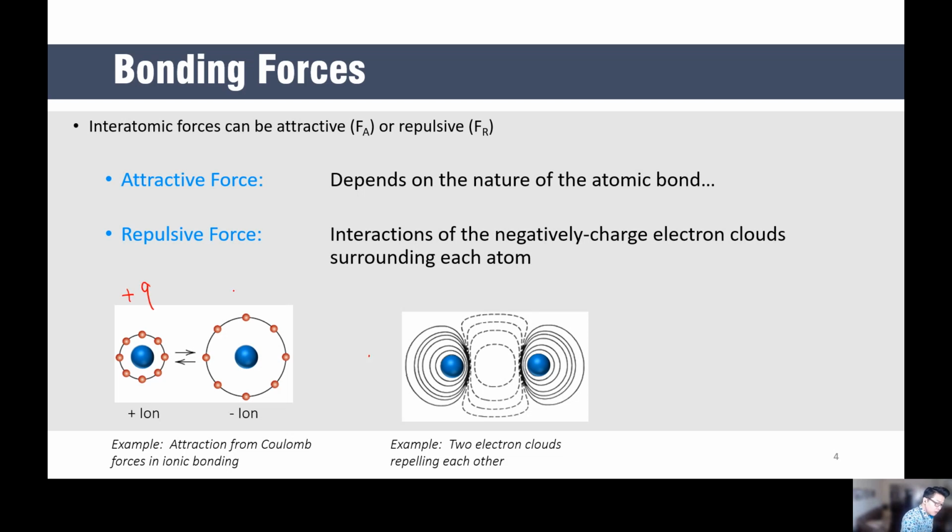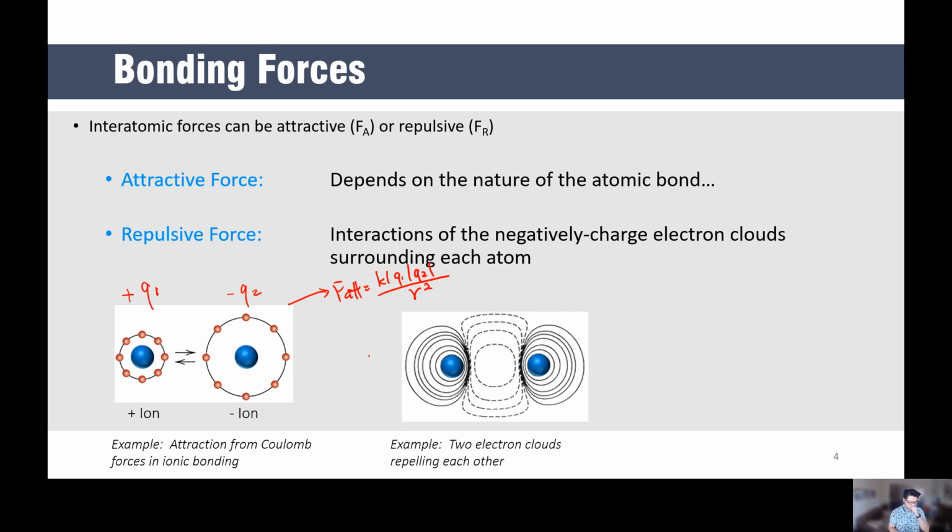So in a relatively long range, you can think that if we have a positive ion and a negative ion, let's say the positive ion is Q1 and the negative ion is Q2, these two ions will want to attract each other because they have different charge. And so this attractive force would be in accordance to Coulomb's law, so Q1 Q2 over R squared.